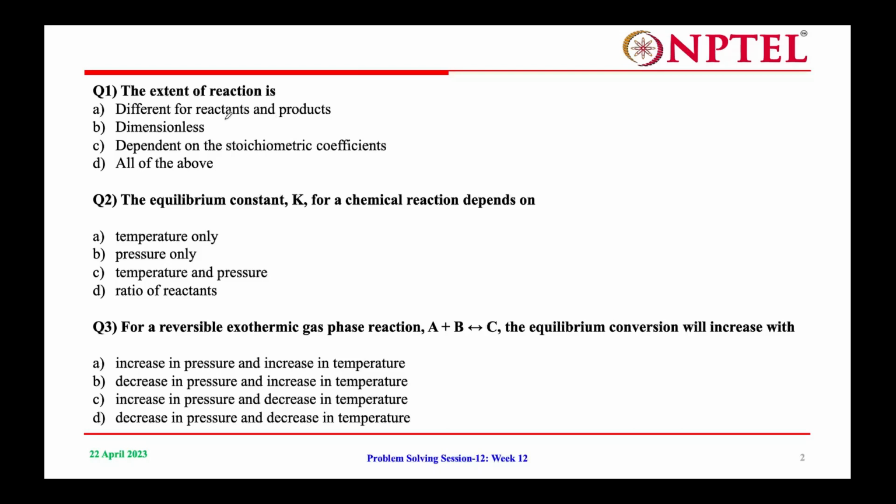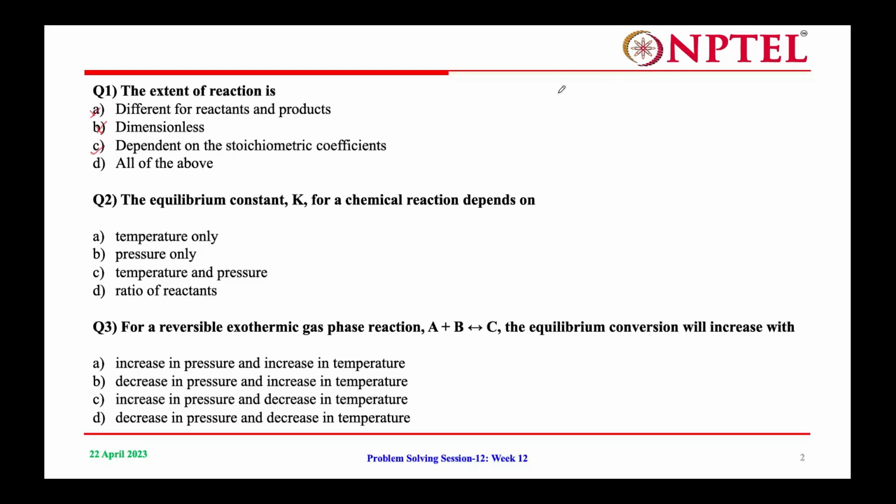Basically, the extent of reaction is the same for all the elements. So A is not right. The unit of the extent of reaction is moles, and C is dependent on the stoichiometric coefficient. C is the right one.